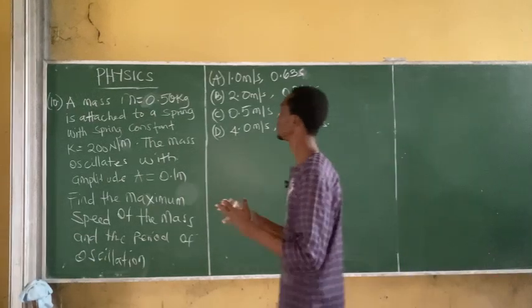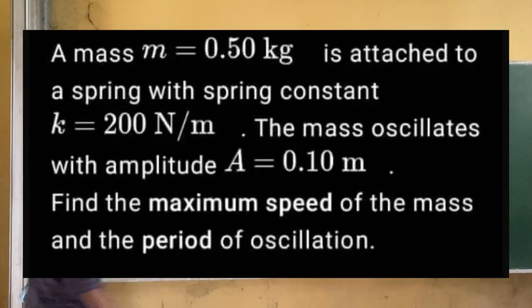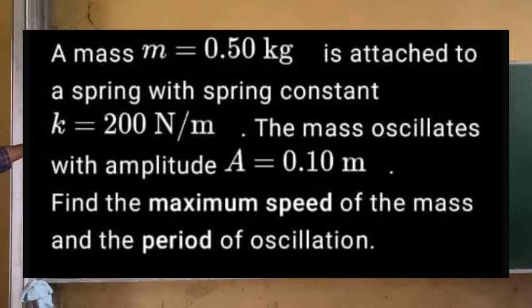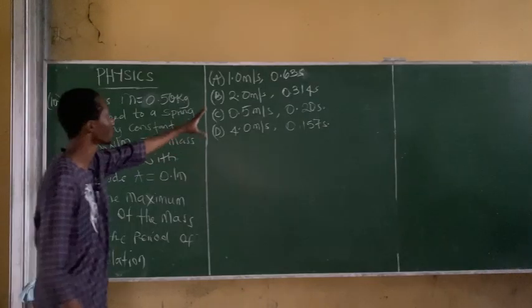Question 10 says a mass of 5.0 kg is attached to a spring with spring constant k of 200 Newton per meter. The mass oscillates with amplitude 0.1 meters. Find the maximum speed of the mass and the period of oscillation. We have the options.